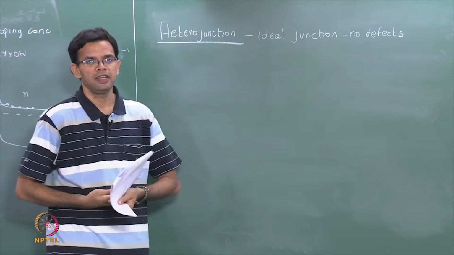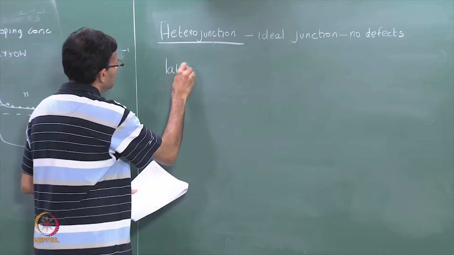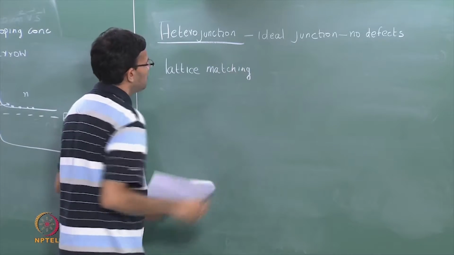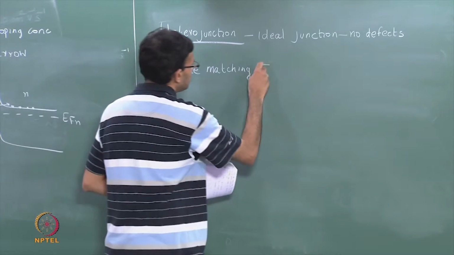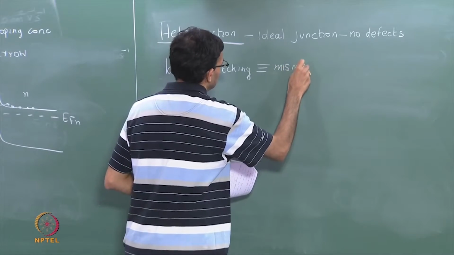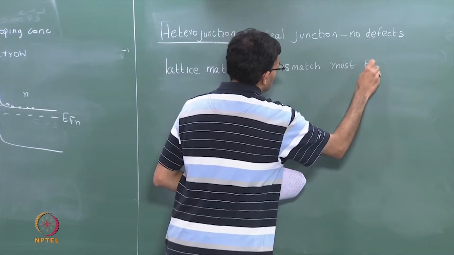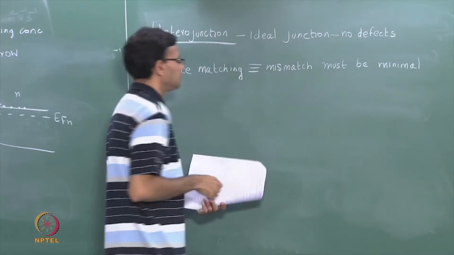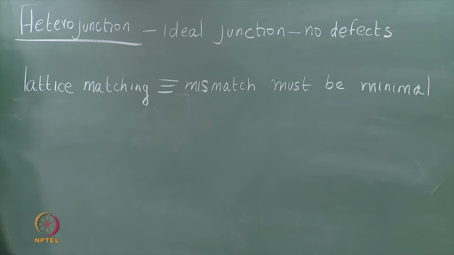In order to have an ideal junction with no defects, we must have lattice matching between the two materials, or if we want to put it in another way, the mismatch must be minimal. So, depending upon the degree of mismatch, we can control the thickness of the second layer on the first.